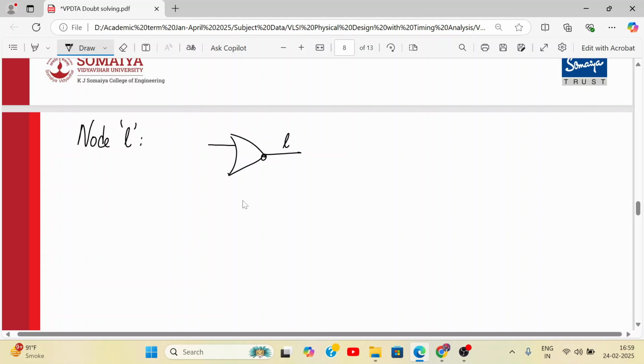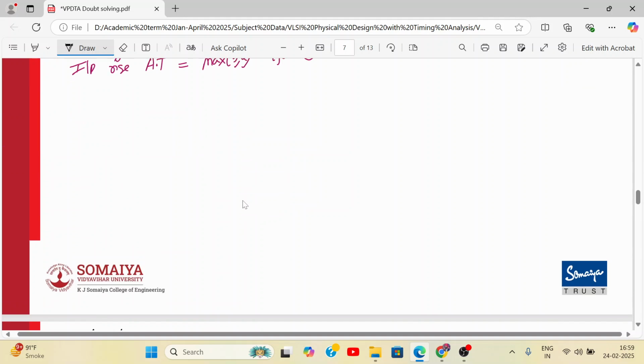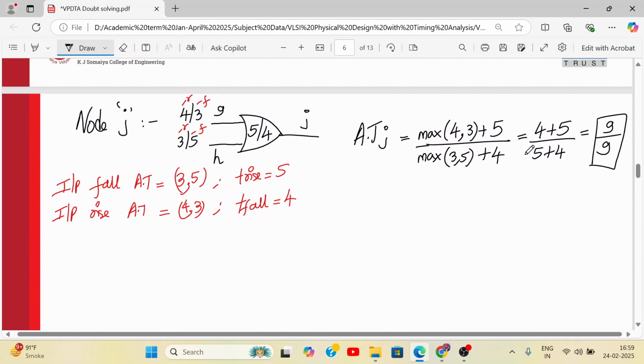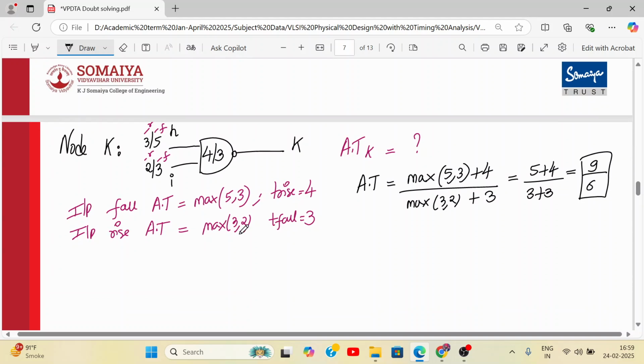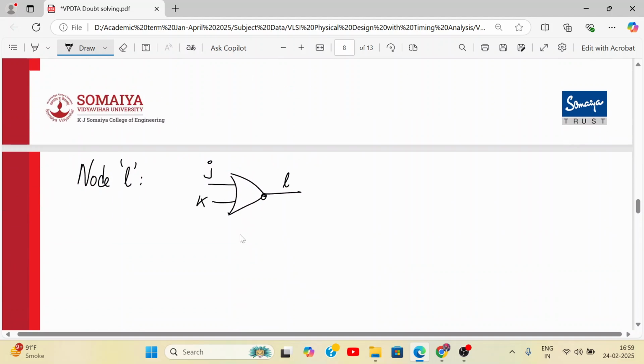This is node L and the inputs are J and K. Let us find out the arrival time at J and K. For J it is 9 by 9 and for K it is 9 by 6.